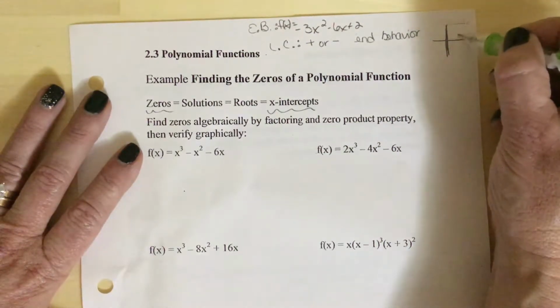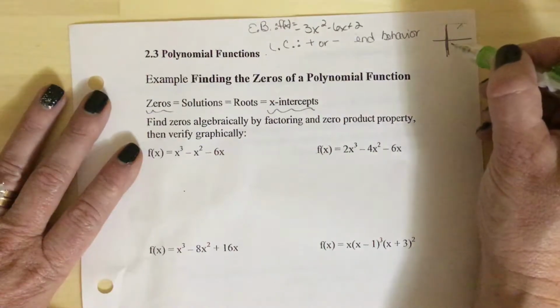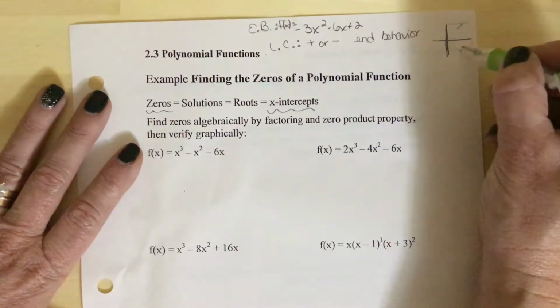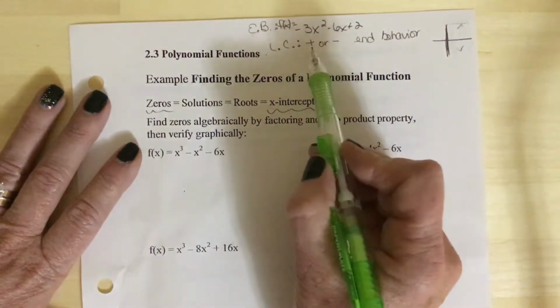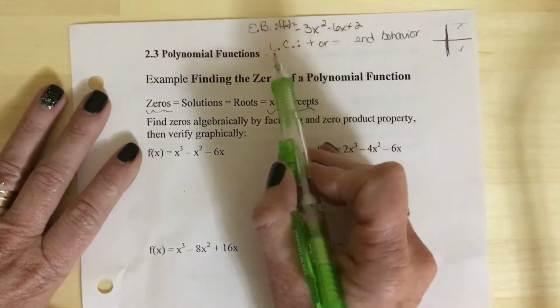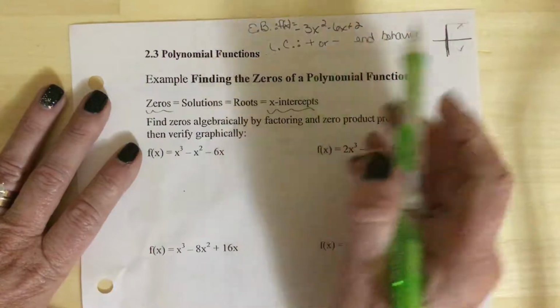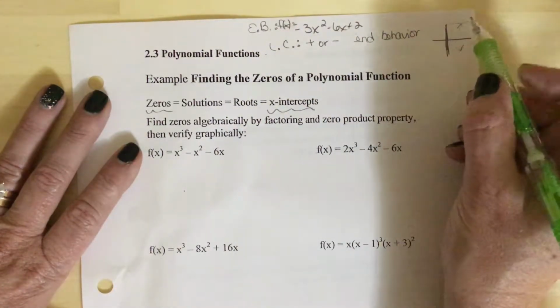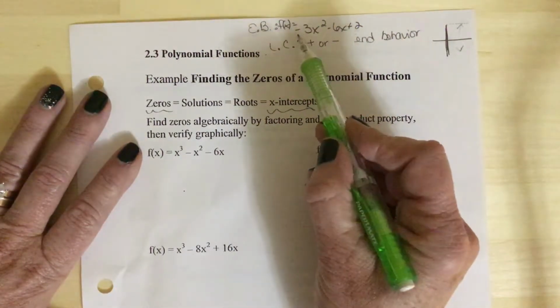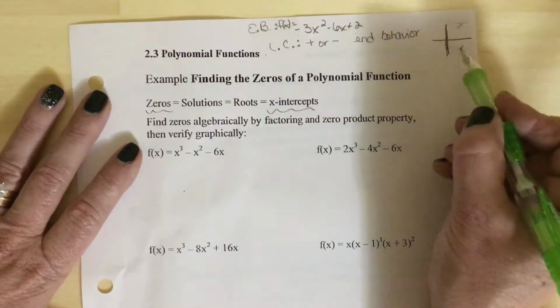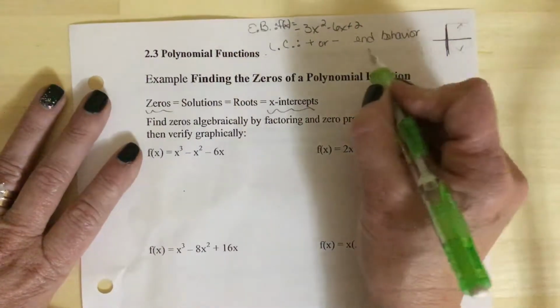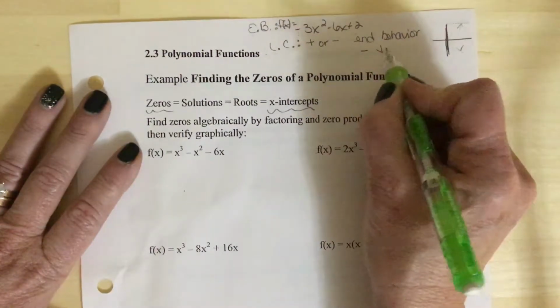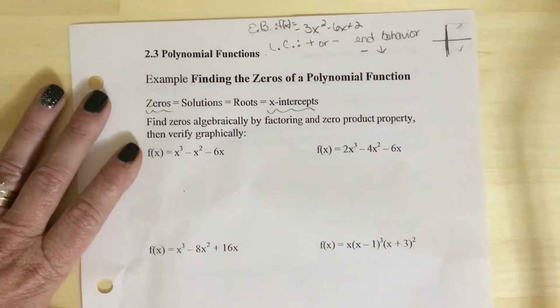Is the graph going to be going up to positive infinity? Or is the graph going to be going down to negative infinity? If the leading coefficient is positive, then it ends positive. If the leading coefficient is negative, the graph will end negative. In this case, it is negative. So I'm going to say that the graph will end negative.